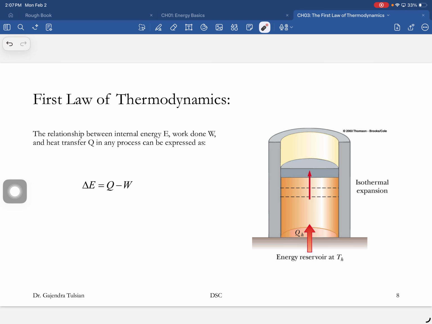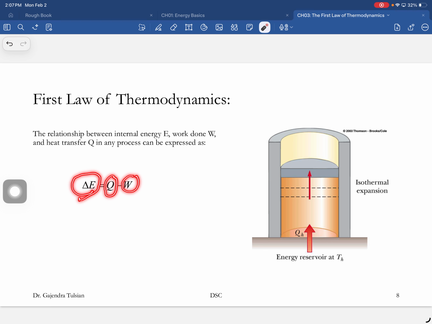An adiabatic process. In an adiabatic process, Q is 0. What does Q equal to 0 mean? Q equal to 0 means you're not adding heat to the system or removing heat from the system.